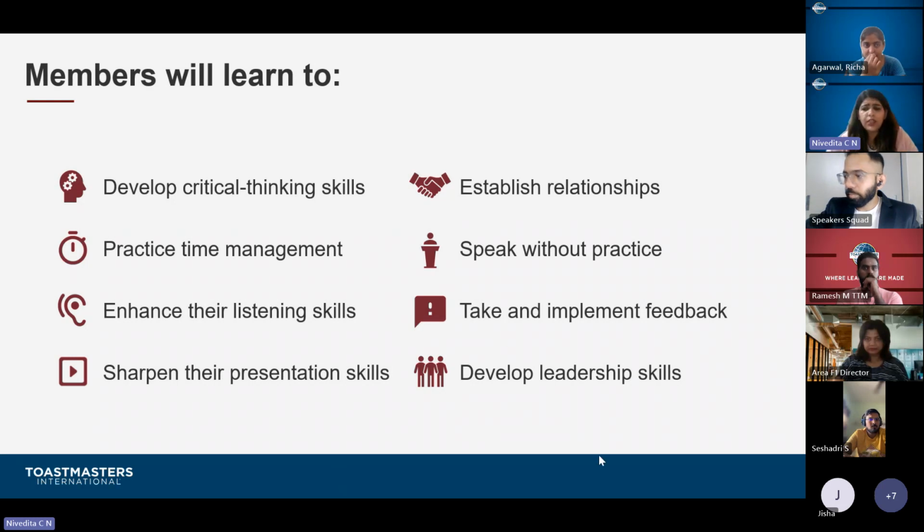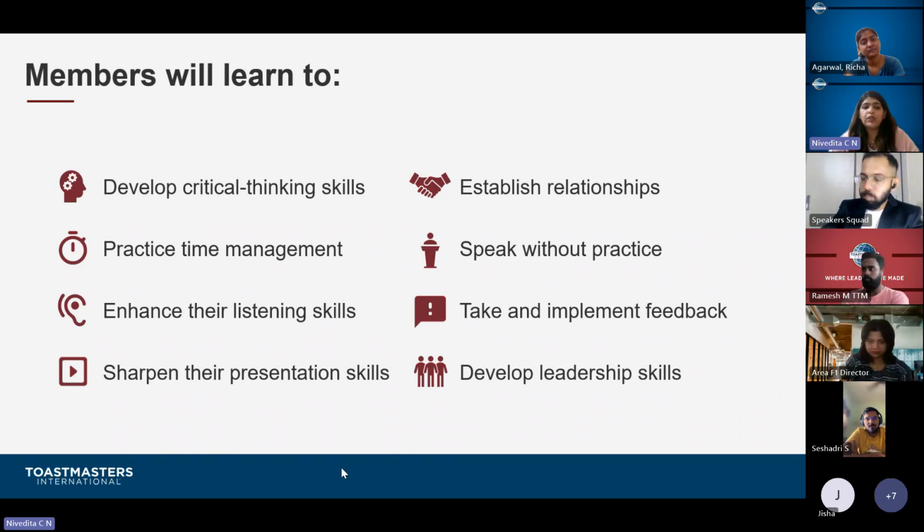It will help you enhance your critical thinking skills, time management, listening abilities and even impromptu speaking. The Toastmasters environment will also help you take feedback very gracefully and then implement it very effectively at your work or in your personal life. So these are the skills that we are going to gain by joining Toastmasters.